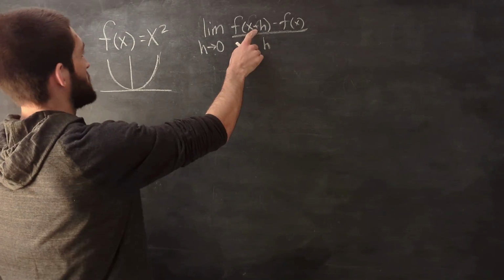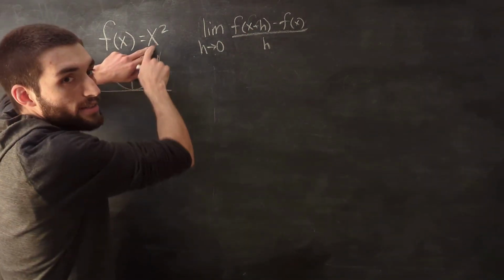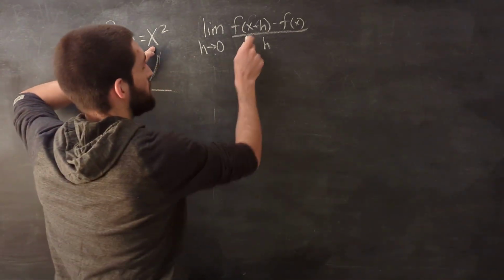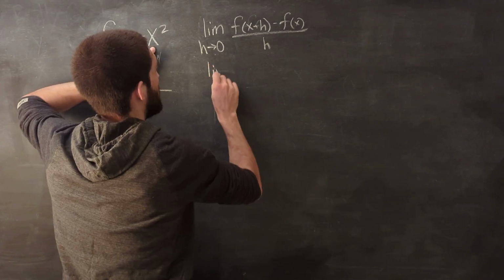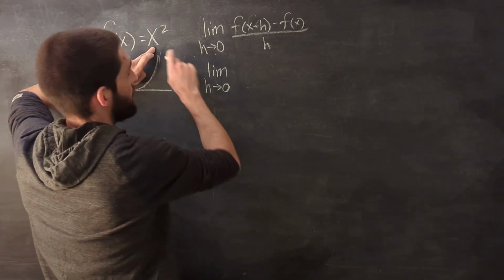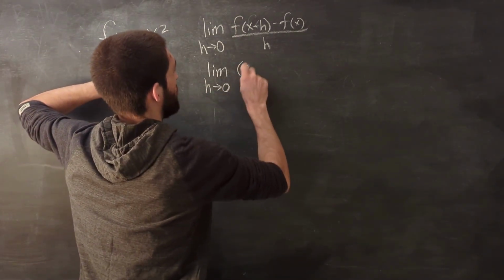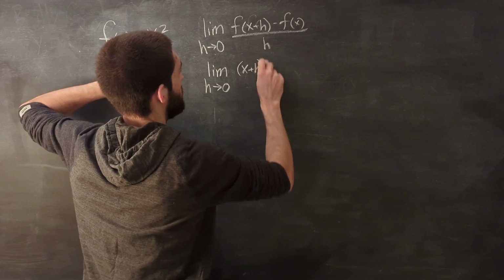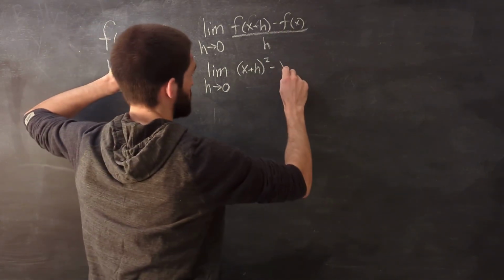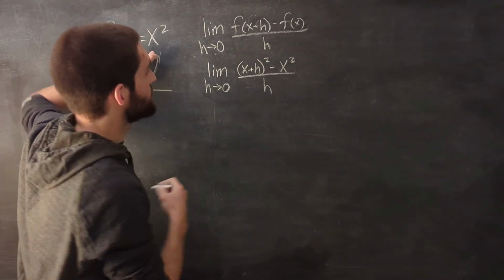So f of x plus h is the same as f of x, but you just replace all the x's with x plus h. So instead of x squared in the numerator, we have the limit as h approaches 0 of x plus h squared minus f of x, so that's just x squared, divided by h.